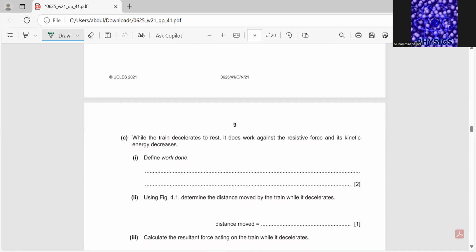Next, while the train decelerates to rest, it does work against the resistive force and its kinetic energy decreases. So it means work done against the resistive force is equal to loss in kinetic energy. Define work done.